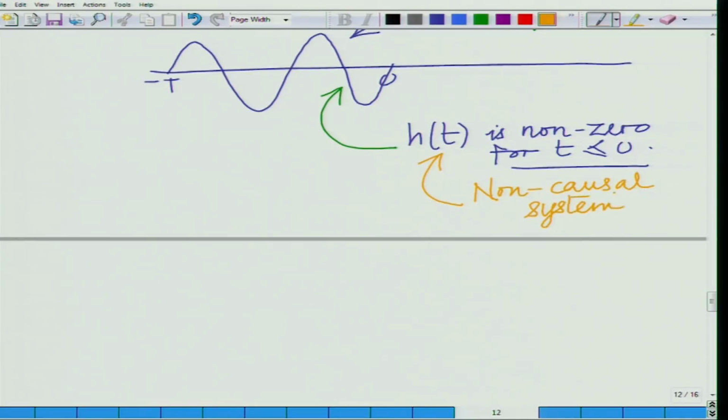This is a non-causal system, and therefore what we are doing is we are shifting this by capital T to make it causal.